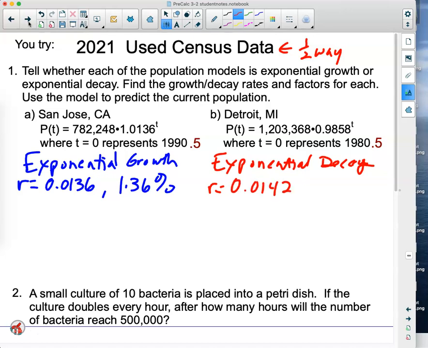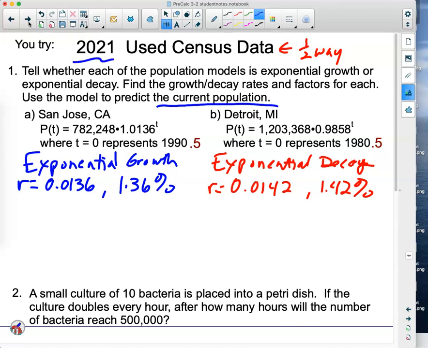So we'll move it over 2 places. And that'll be 1.42%. All right, now, like I said, we'll come back together to do the second part here. And that's because they've got the model for me. So what is it here they're asking me to do? Use the model to predict the current population.